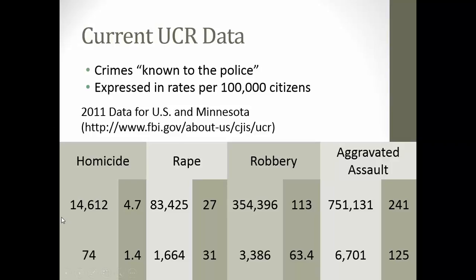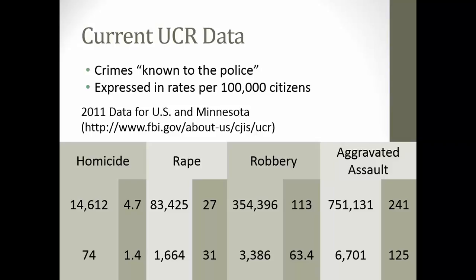One of the points of this is that on the top is the United States, on the bottom is Minnesota. We talk about national trends, but one of the things to keep in mind is that it varies a lot by state. You see Minnesota is quite a bit safer in terms of homicide, robbery, and aggravated assault.